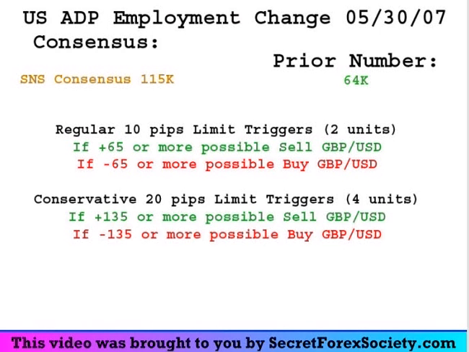As I said, I'll be using GBP USD on my Oanda account, and 10 pips limit triggers on the MB trading account.